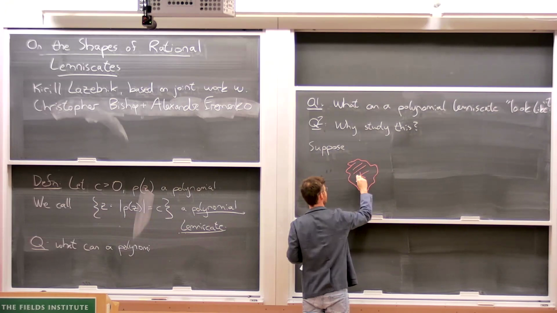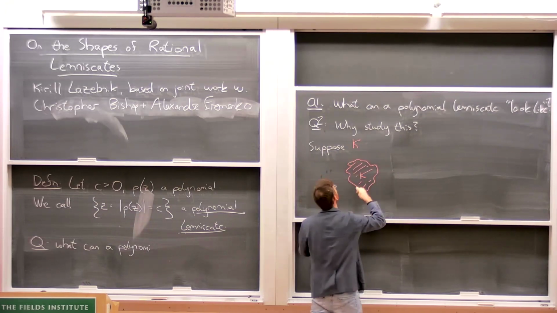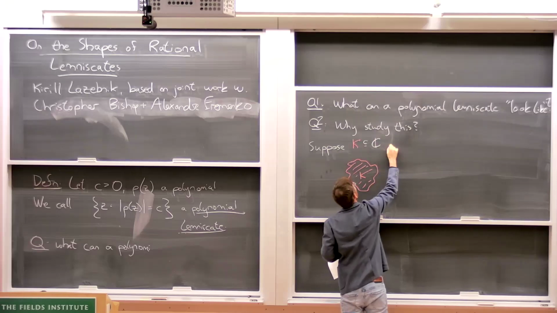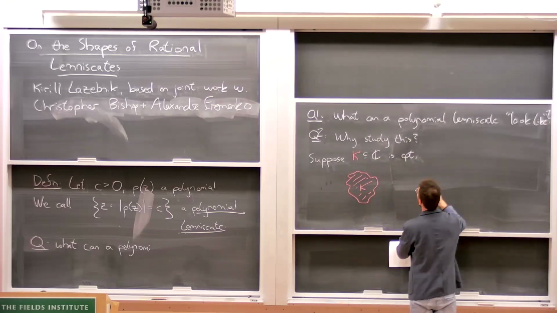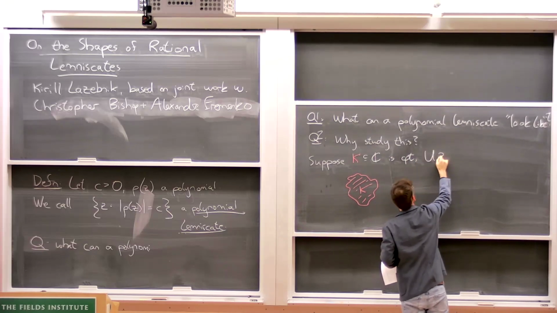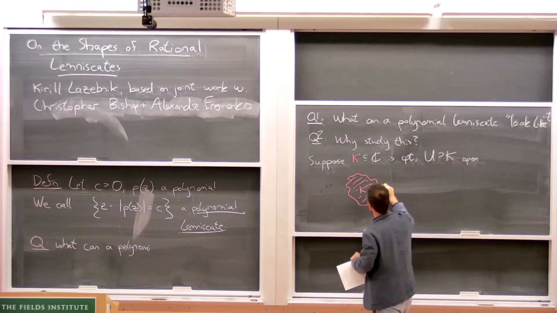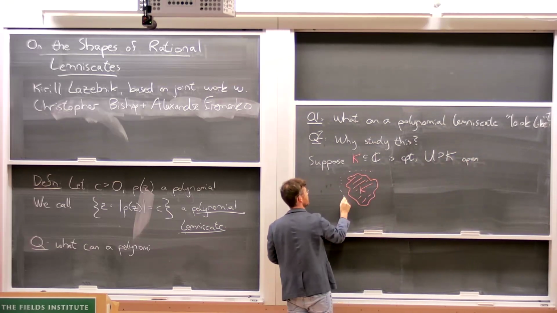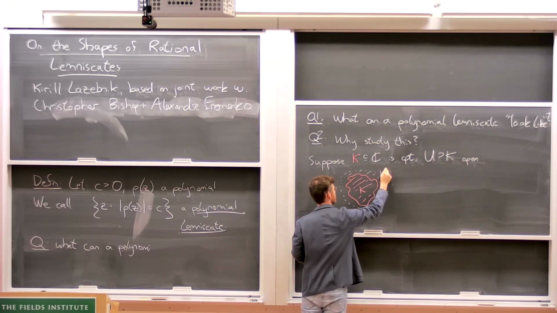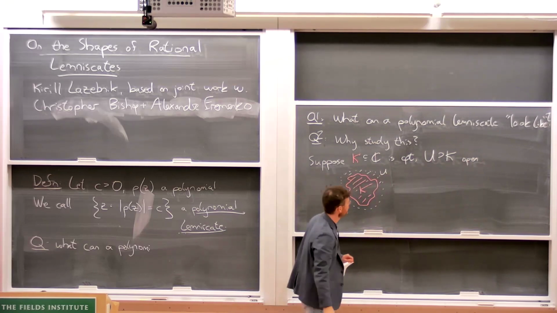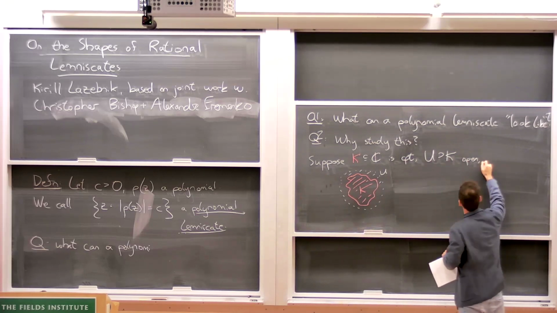So we have a compact set K. It's compact, and we have that K is contained in some open set, our open set U. And we have a function which is holomorphic in U, in this neighborhood of the compact set.